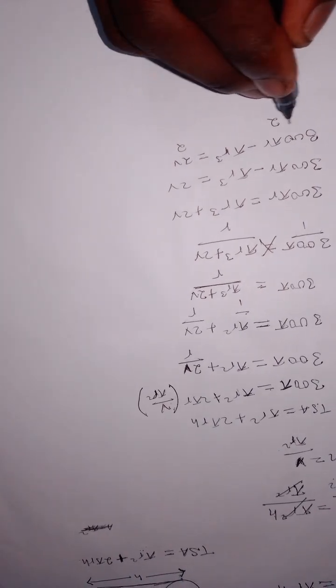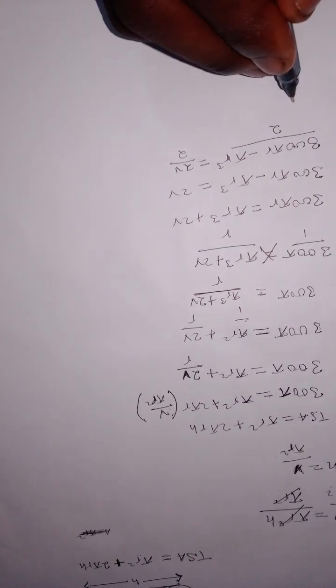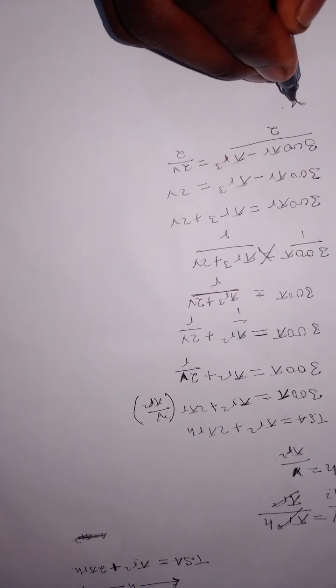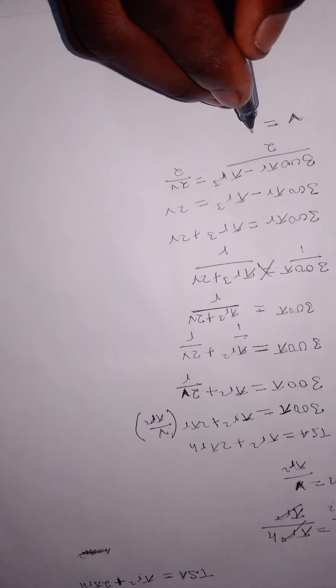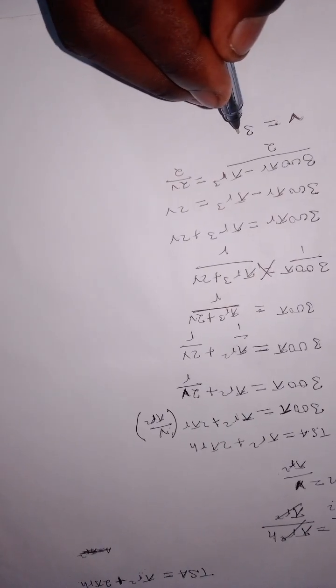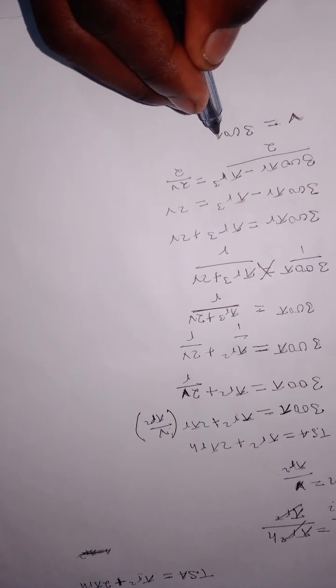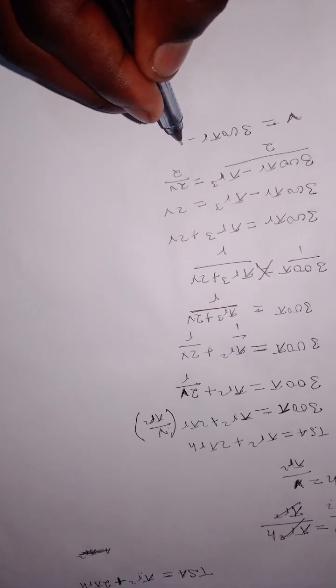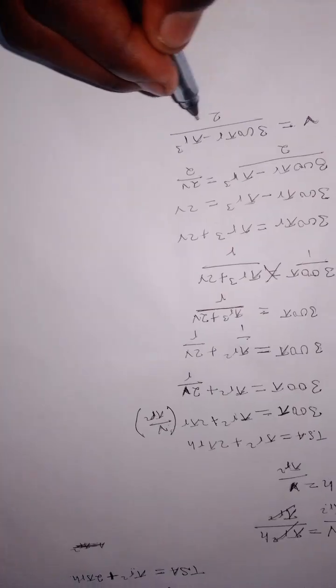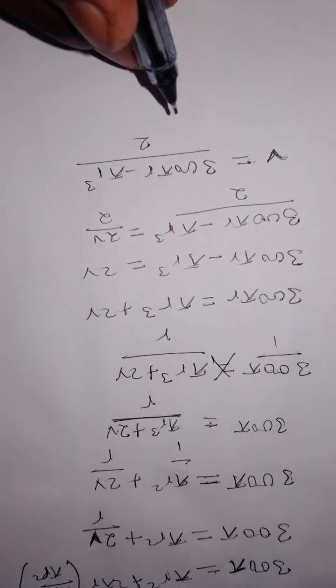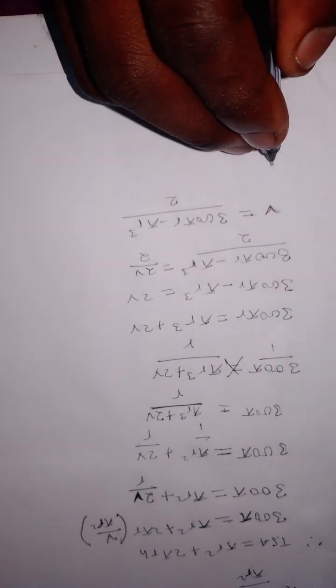You divide by 2, so V is equal to 300 pi r minus pi r to the power 3, over 2.